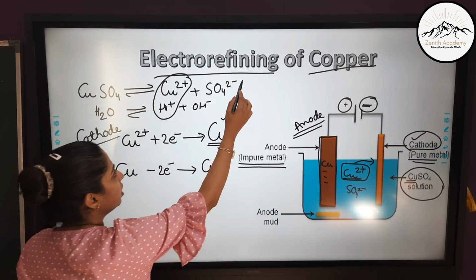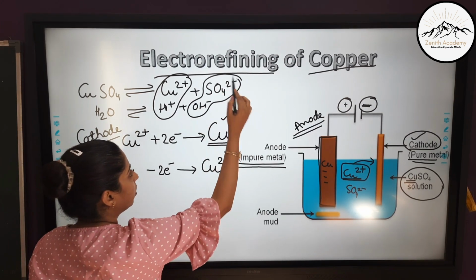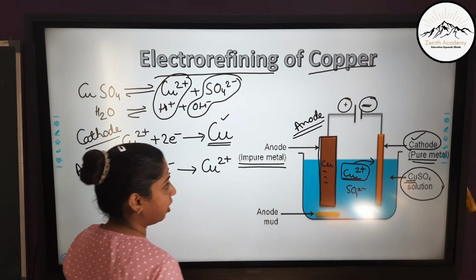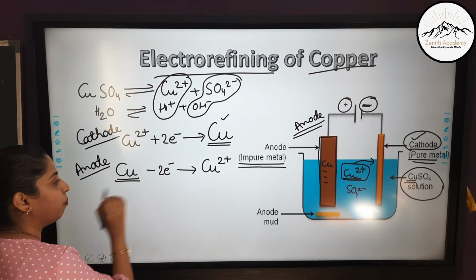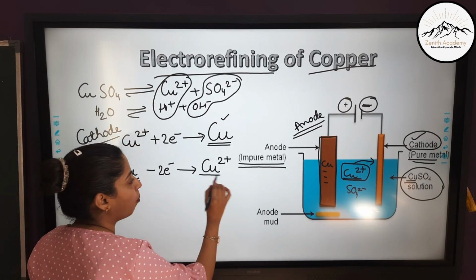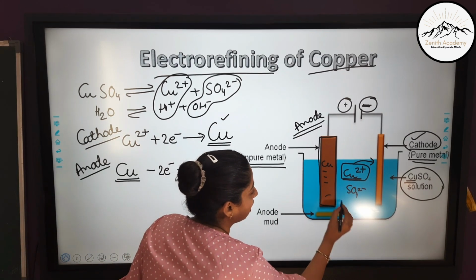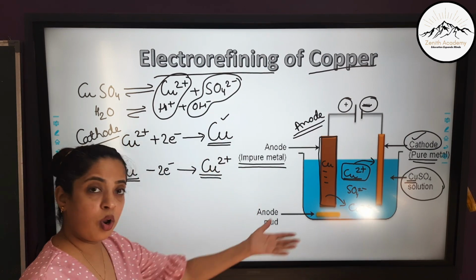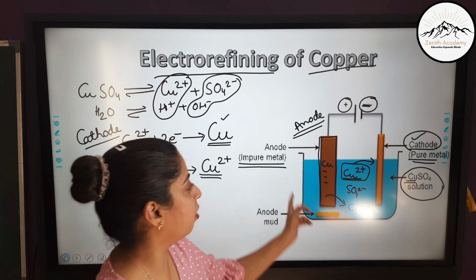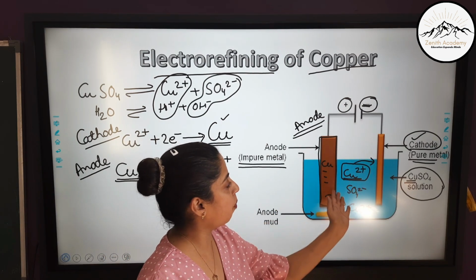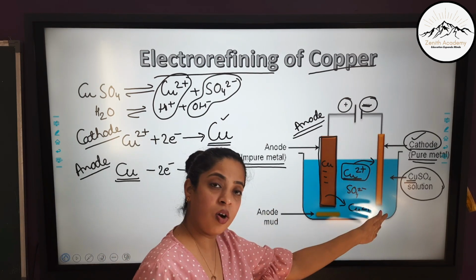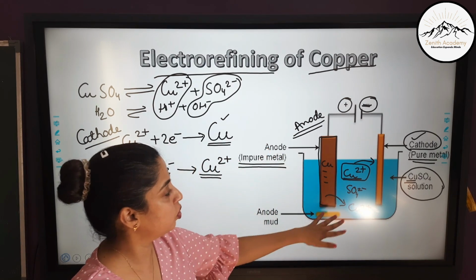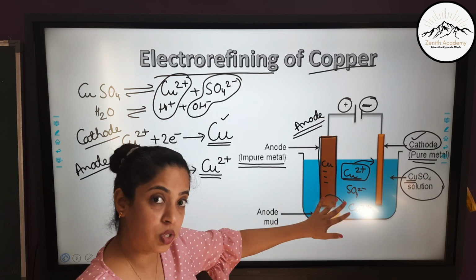You can see there are other negative ions also. They migrate towards the anode but do not get discharged because this is an active electrode. So copper itself is taking part, losing electrons and forming copper ions, and these copper ions come back to the solution. That is why the solution always remains blue: earlier the copper ions from the solution went towards the cathode and got deposited, but they were replenished again from the anode. So the concentration of copper ions remains constant.